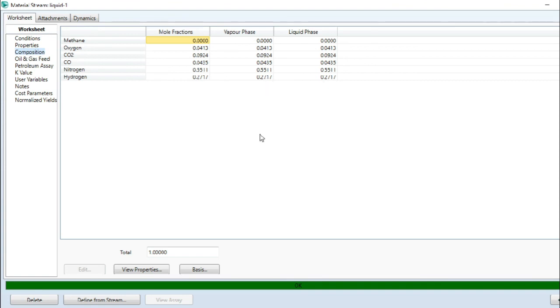So using reaction 1, the composition in both the vapour and liquid, for the components from methane to hydrogen, is the same. The only thing that is missing is the methane. It doesn't have any percentage composition.